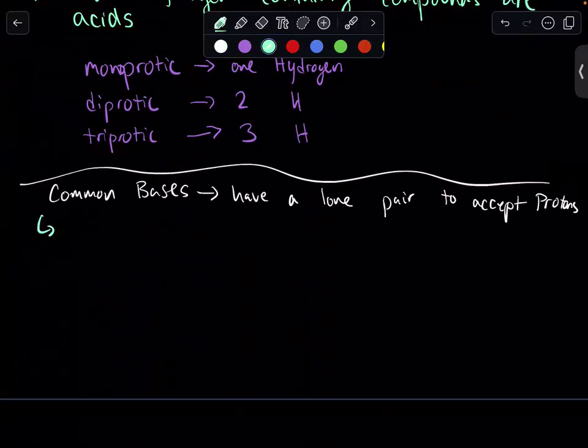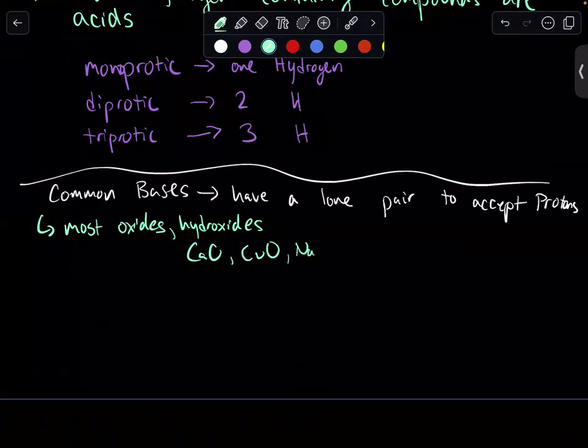So usually most oxides and hydroxides. Examples include calcium oxide, maybe copper 2 oxide in this case, or sodium hydroxide, or maybe calcium hydroxide. So these would all be very common bases.